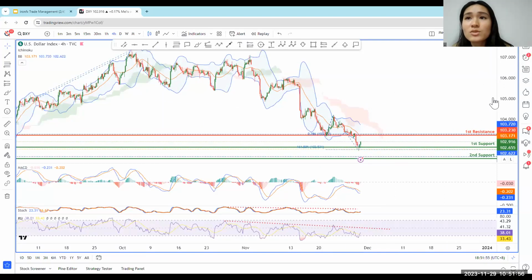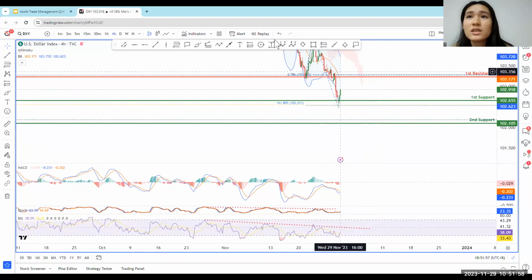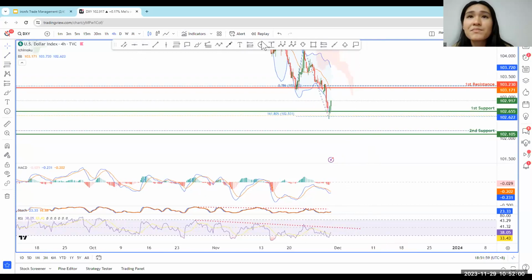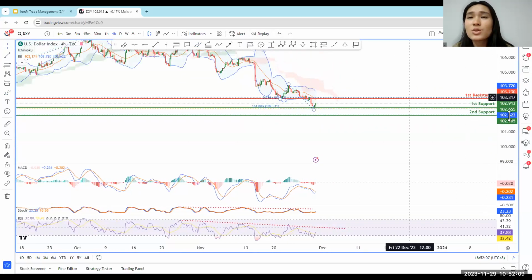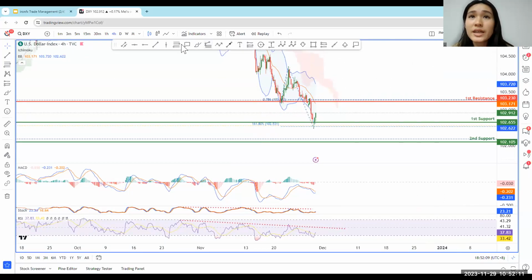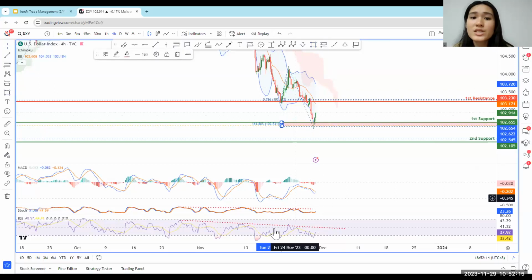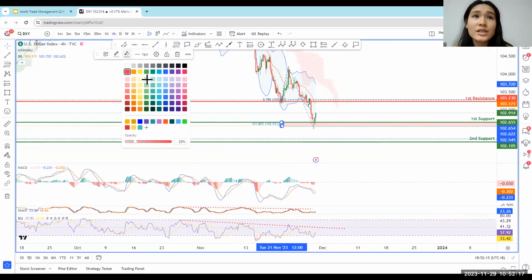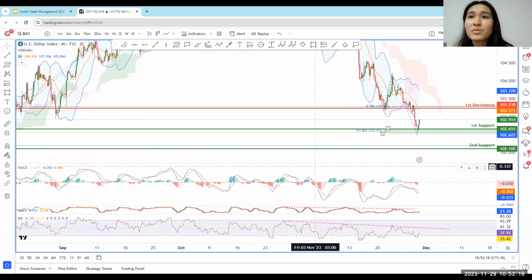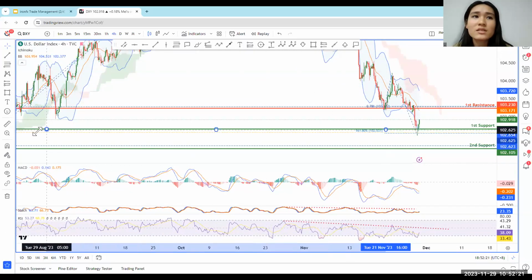Bollinger Bands also moving below the lower band. You can see that here, so it also supports our bearish signals. We would get confirmation in this case once price breaks out of this first support, because our first support is a pretty significant level again.